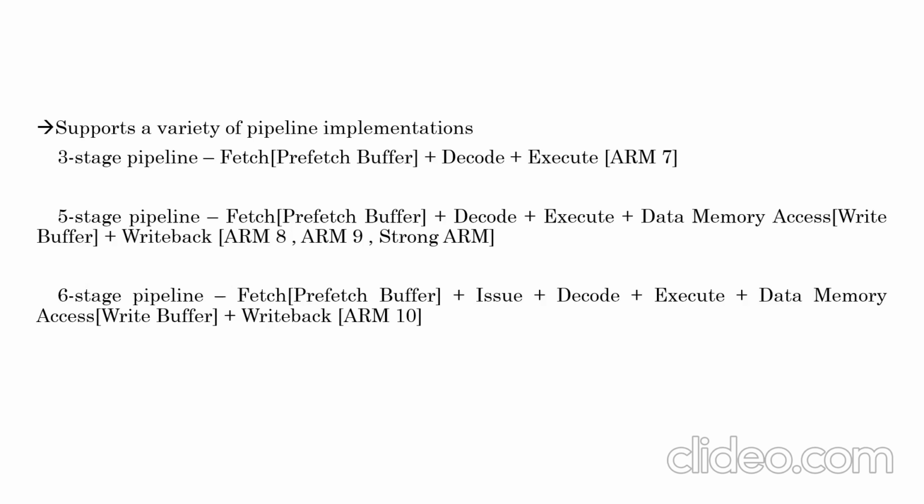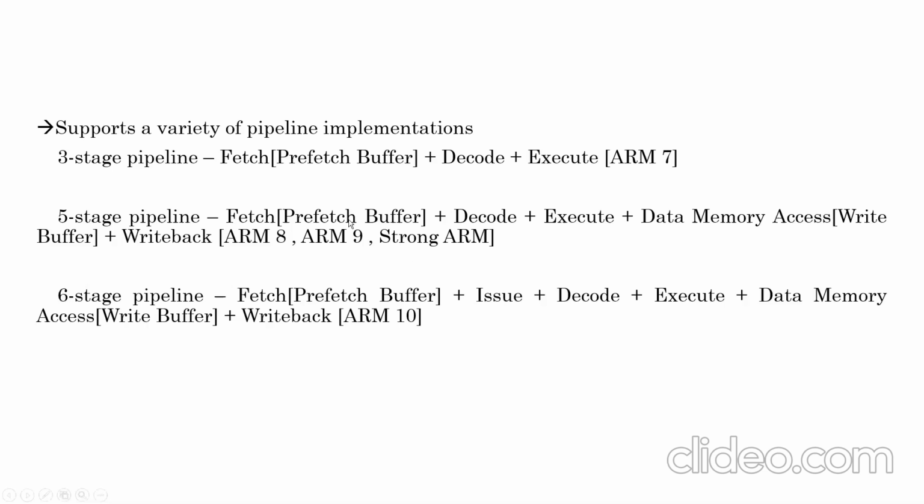The processors mentioned within the square brackets indicate the processor which is implementing this particular pipeline. ARM7 is implementing a 3-stage pipeline. ARM8 and ARM9 and StrongARM will be implementing a 5-stage pipeline. ARM10 is implementing a 6-stage pipeline. One thing to say over here: StrongARM is not a processor that was developed by ARM.